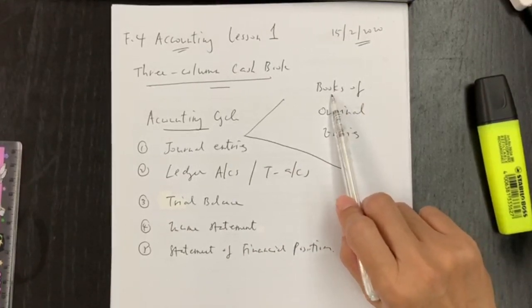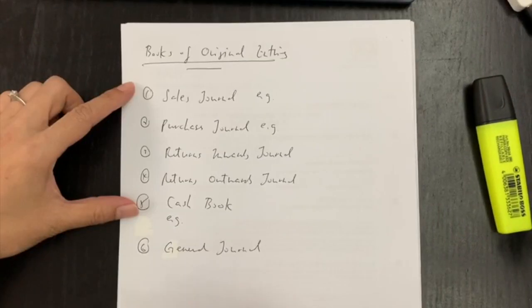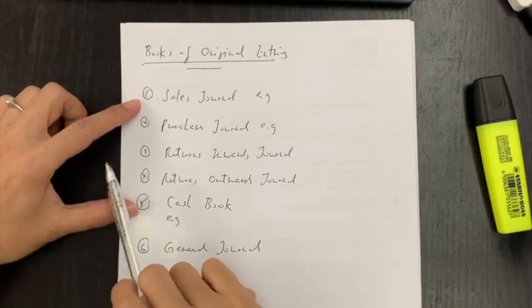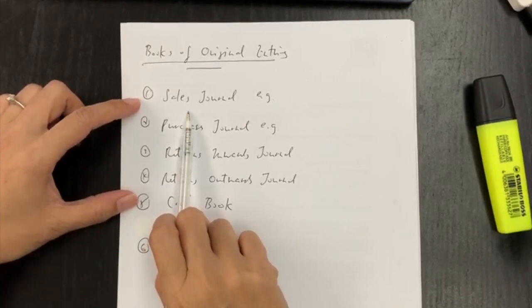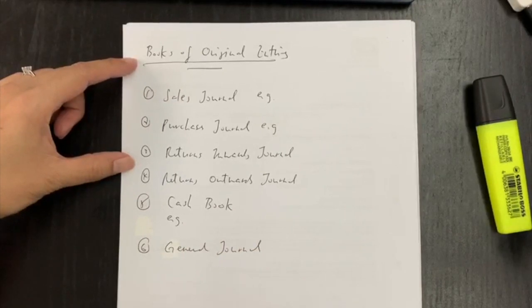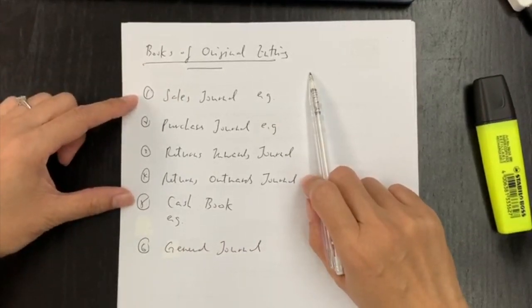There are 6 books for the classification. For a big company, since we have lots of double entries, before we do debit and credit, we do classification into books of original entries.